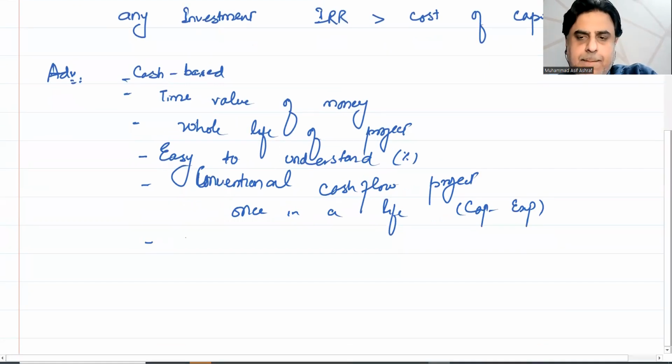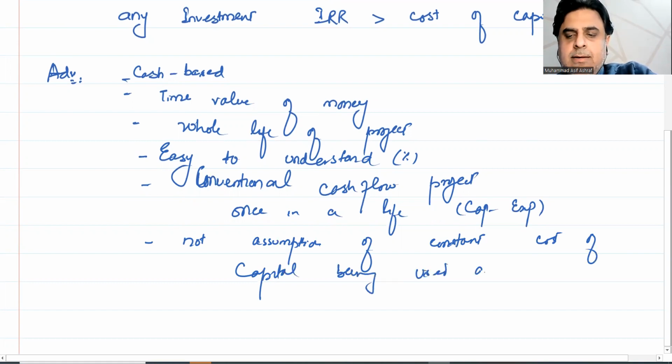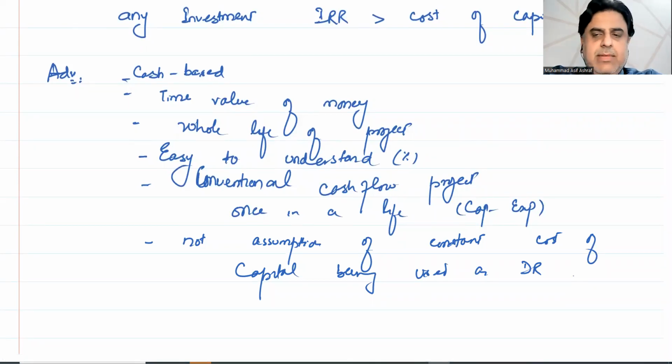Then we are not assuming the constant cost of capital being used as discount rate. Because you know that one of the drawbacks of the NPV method is that for year one, it takes a similar discount rate.